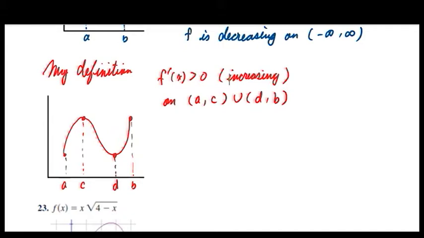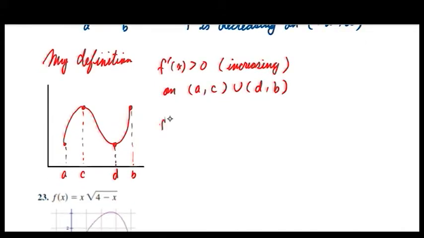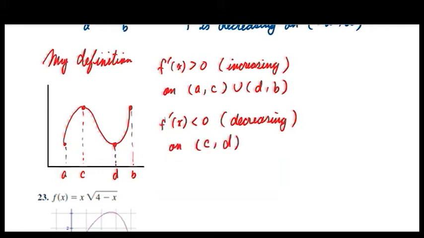And also f prime of x is negative, and while it's negative, it's definitely decreasing, right? On parenthesis C comma D. Right? Now, therefore, we can say max f of C, right?